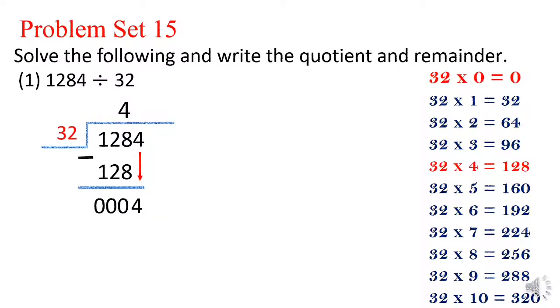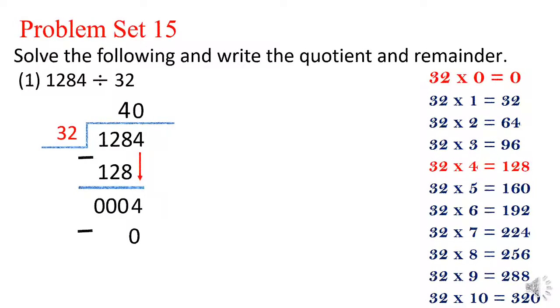So here we again compare 4 and 32. 4 is less than 32. So the nearest product to 4 in the table of 32 is 32 multiplied by 0, which is equal to 0. So we write 0 in the quotient above 4 and 0 under 4.